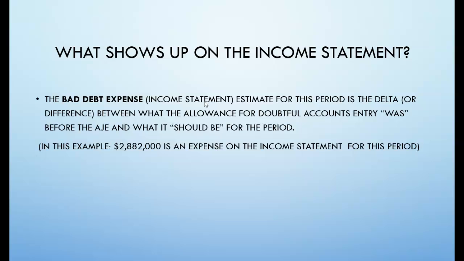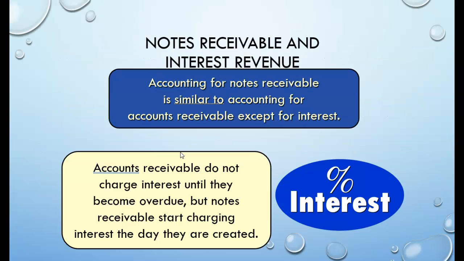We're trying to tell our investors and creditors how much cash we think we're going to receive, and then the offsetting amount will be on the income statement as bad debt expense. We're not estimating bad debt expense directly. We're estimating it based on our aging of accounts receivable. All right, so that's the finish of our allowance for uncollectibles.